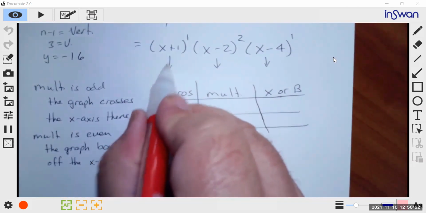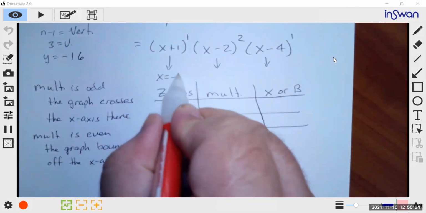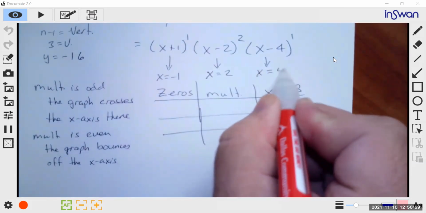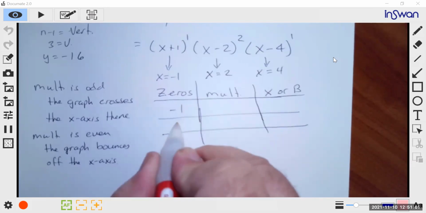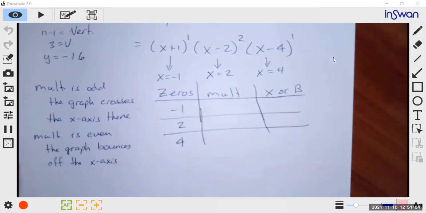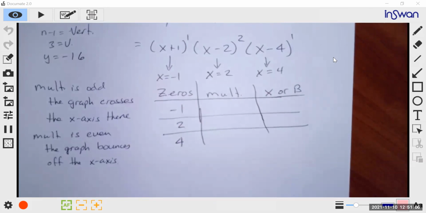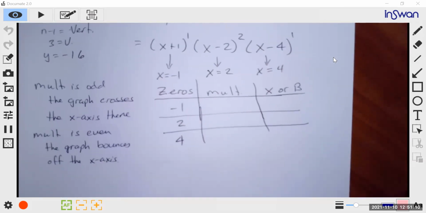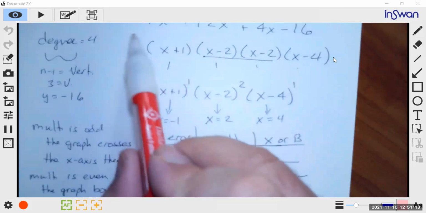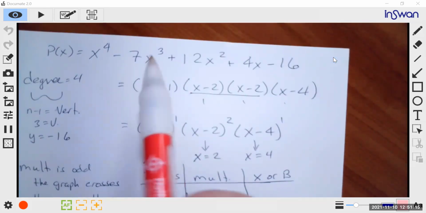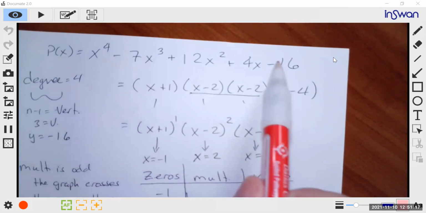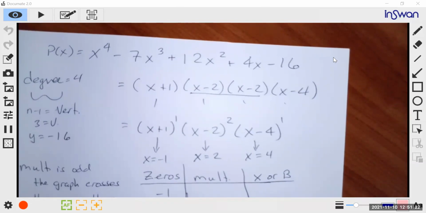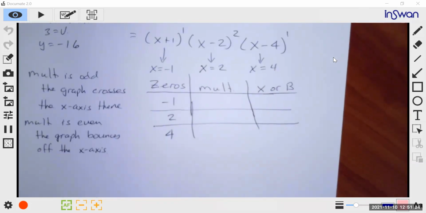Our first 0, second 0, and third: -1, 2, and 4. Next week at this time, I'll be able to give you an equation like this, and you will be able to find the factors yourself. Right now, it's much easier if I give it to you first.